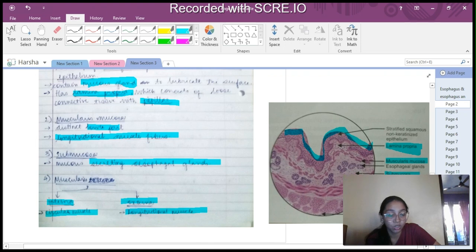So these are the circular muscle layers. This entire layer is the circular muscle layer, and the layer below is the longitudinal muscle layer, and the last layer is the adventitia. So the muscularis has two layers: interna, which is the circular muscle, and externa, which is the longitudinal muscle.